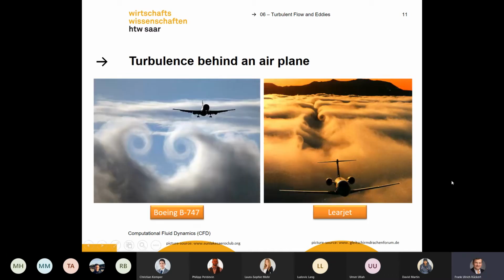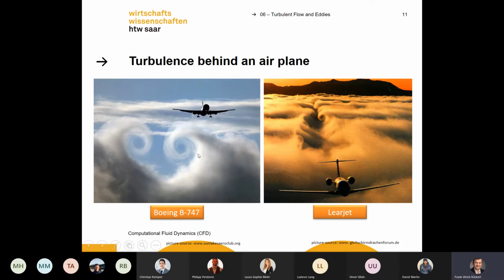Here you have two pictures of turbulence behind an airplane. Here you see an airplane that flies through the clouds, and you have these swirls.